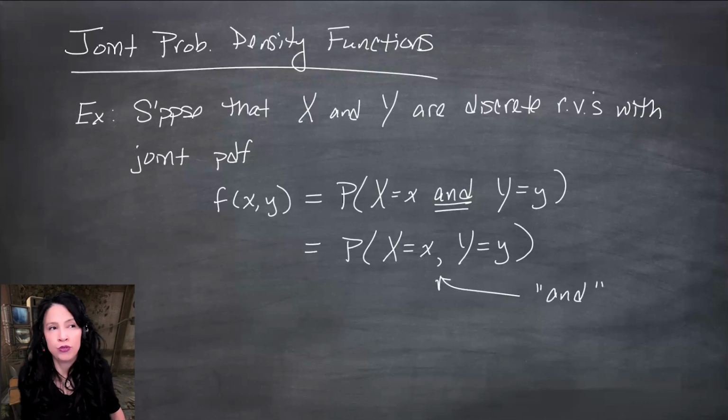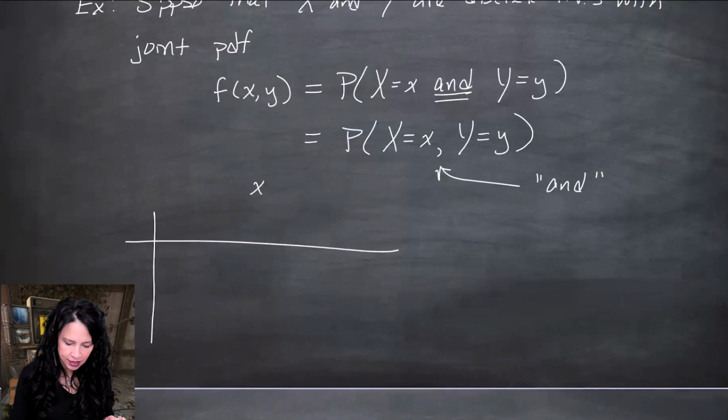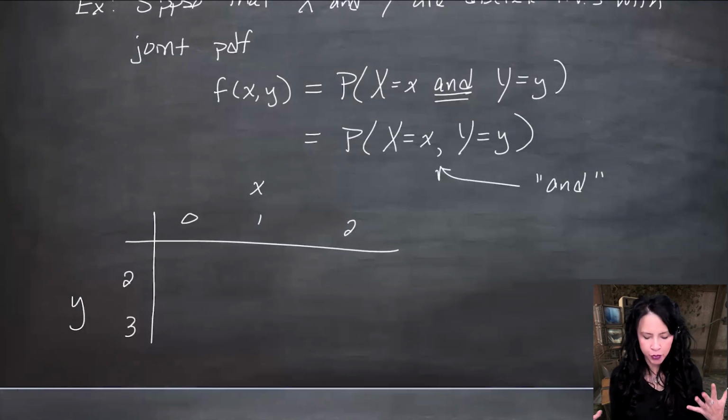So I might be able to give you a function of two variables. Eventually we will see some, but I'm going to start off with a tabulated example. So suppose that x takes on the values 0, 1, and 2, and suppose that y takes on the values 2 and 3, and I'm going to stick probabilities in here.